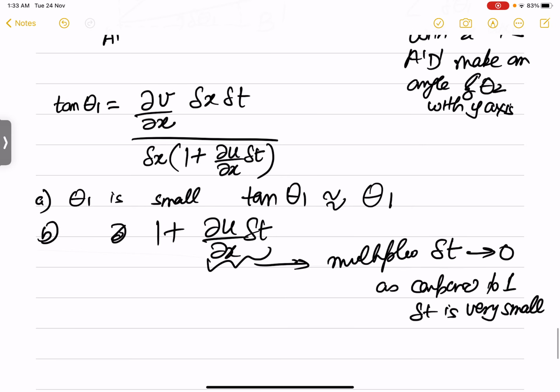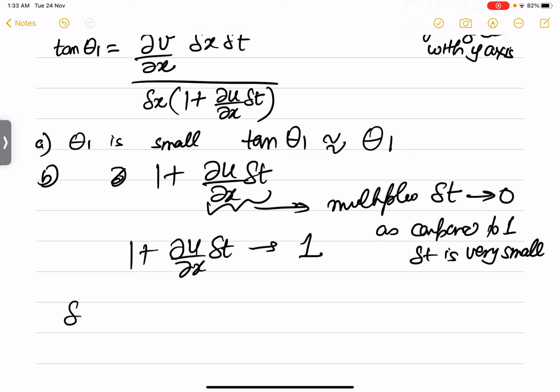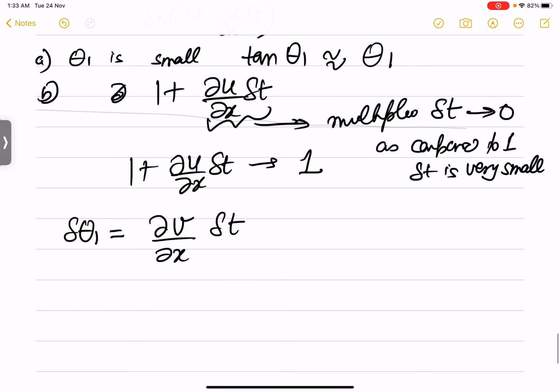So in the denominator, we will approximate 1 plus partial u by partial x delta t to be 1. Notice we are not taking off the delta t in the numerator, because in the numerator there is only one term. Had this been a term like 1 plus partial v by partial x delta t, we would have removed it. So what we get is delta theta 1 equal to partial v by partial x delta t.